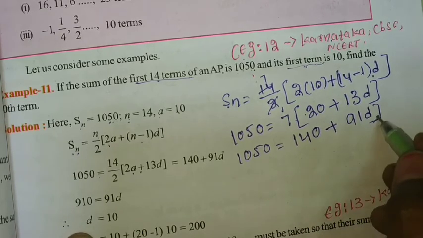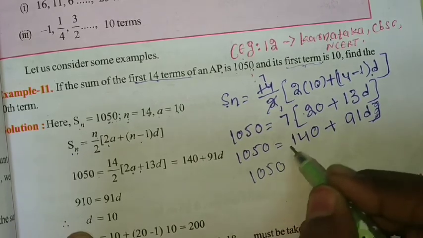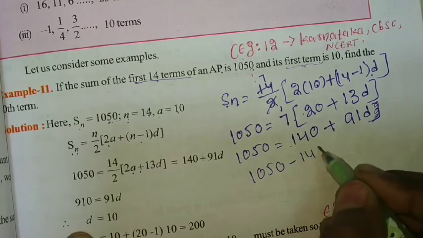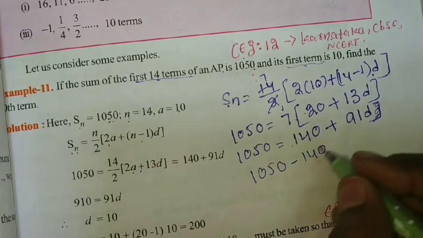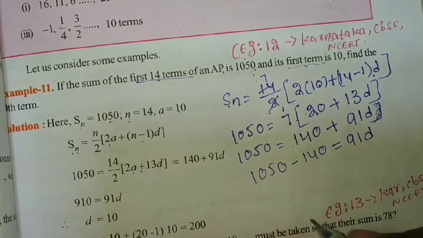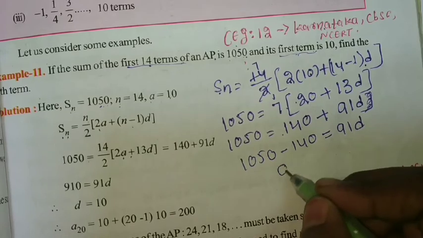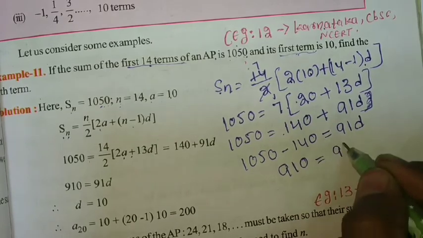Understand this step? And next, see here, 1050 minus 140, it will become minus 140 when we move to the left side, equal to 91d. Subtract these things, 1050 minus 140. What will we get? 910 is equal to 91d.